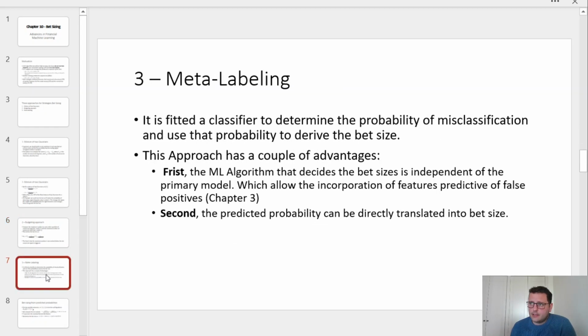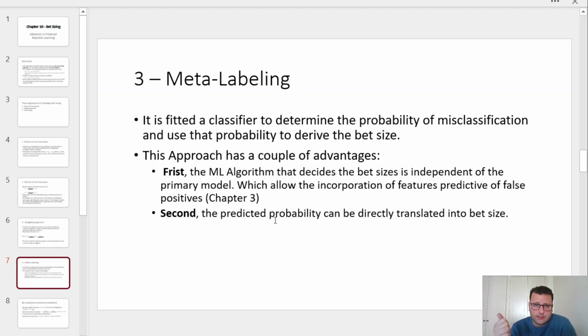The third one is the meta-labeling approach. It fits a classifier to determine the probability of misclassification and uses that probability to derive the bet size. This approach has a couple of advantages.